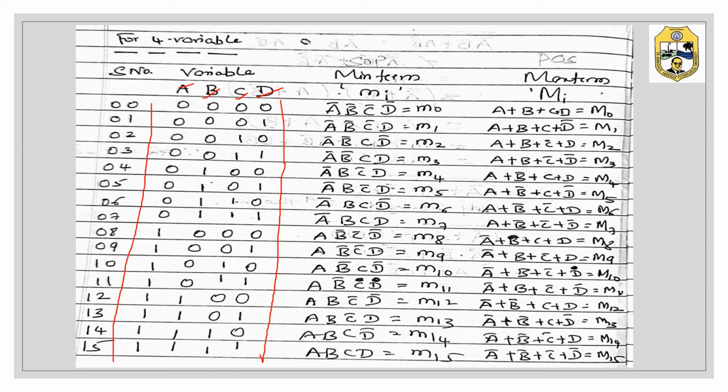Again for min terms, for 0 there is a bar, and for max terms for 0 there is no bar. Min terms are in the form of multiplication and max terms are in the form of addition. Likewise we need to write from m0 to m15 as min terms, and capital M0 to capital M15 as max terms.